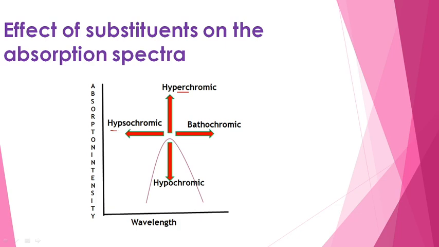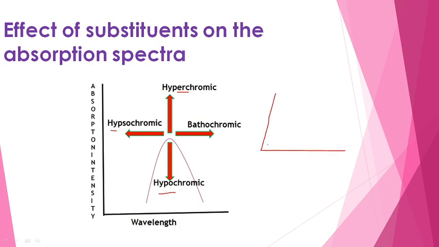Whenever we find a decrease in the wavelength of absorption, there must be hypochromic shift also, because they are in combination. Decrease in the wavelength, there must be decrease in the intensity also, simply like this.